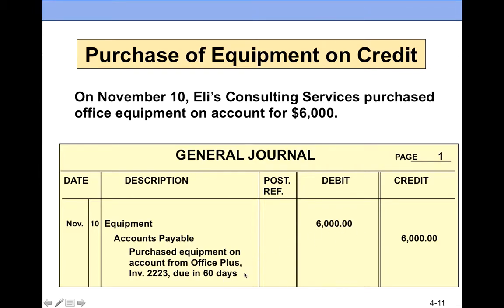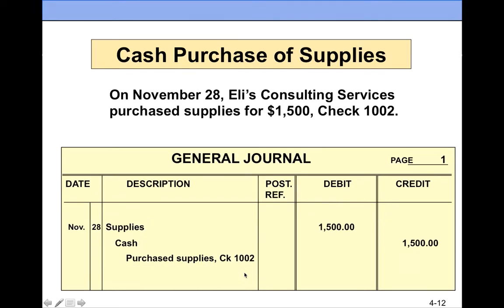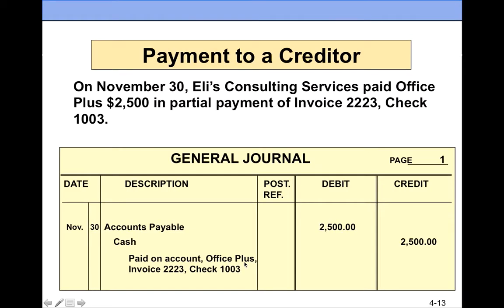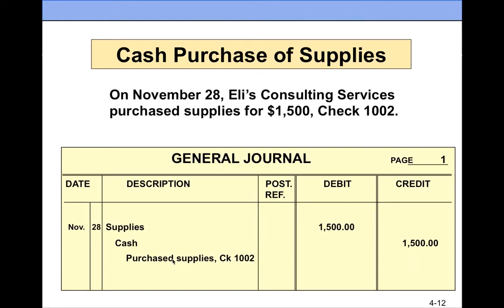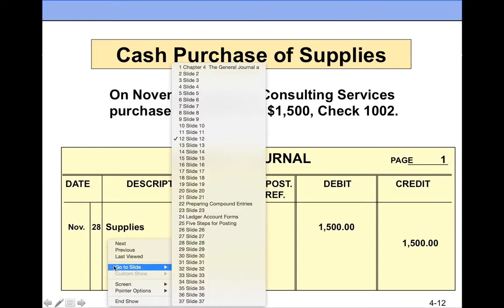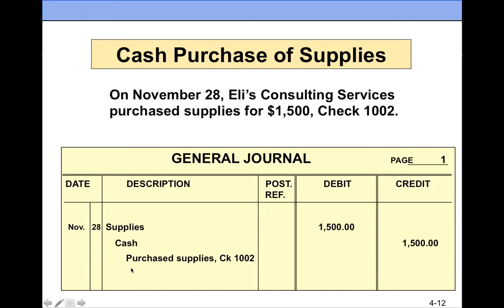So there is that audit trail where everything is connected together. We purchase supplies, and whenever it's a check number, that means cash: debit supplies, credit cash, write the description. And guys, we will list these one after another, and I always say skip a line, right? Skip a line after each transaction.